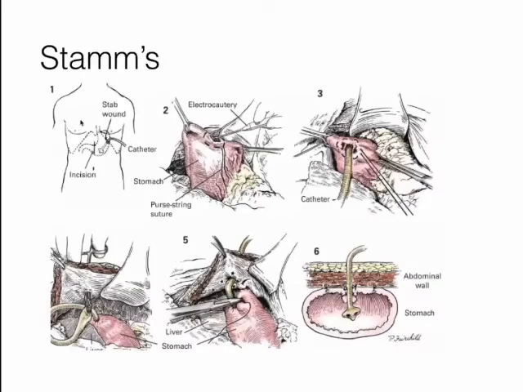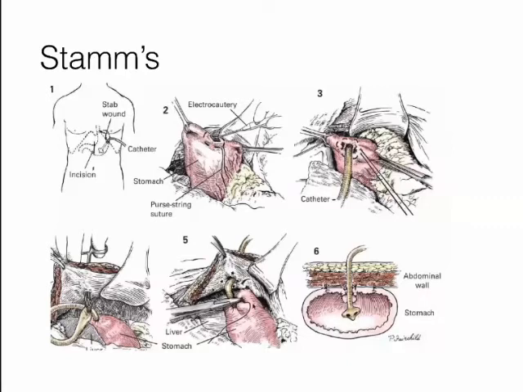So coming to Stamm gastrostomy, we do a laparotomy and identify the stomach wall, and we pull out the stomach wall through the laparotomy incision. On the body of the stomach, you take a purse string stitch and you incise the stomach wall and insert a Foley's catheter, inflate the bulb and tighten the purse string along with it.